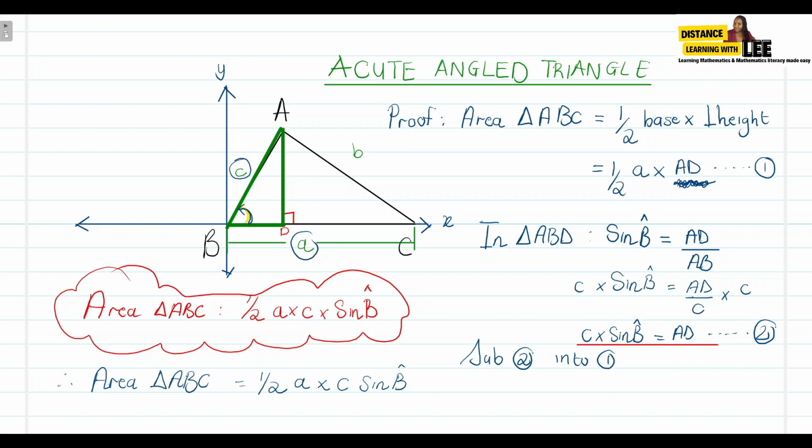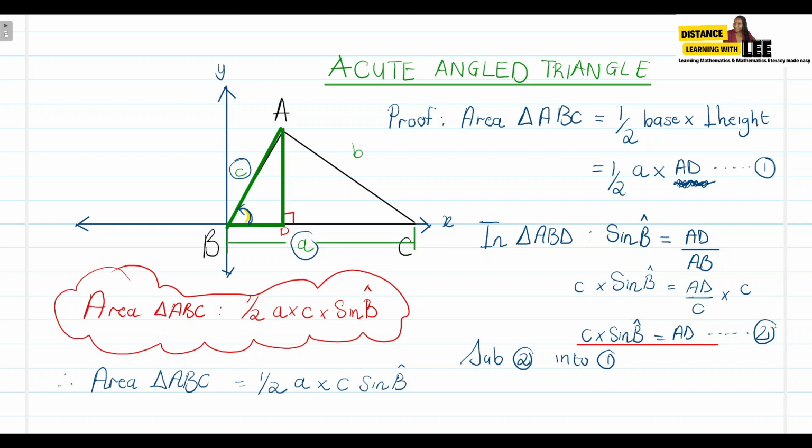We know that with triangle ABD, we've got a right angle triangle. And when we have a right angle triangle, we can use trig ratios to help us find lengths of unknown sides and unknown angles. So we can use sine, your SOHCAHTOA, to help us find AD.